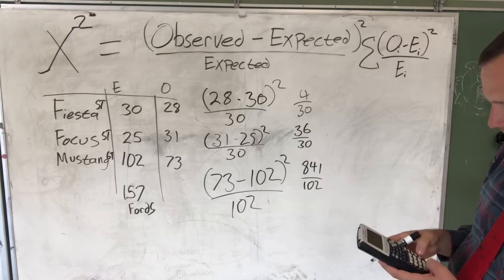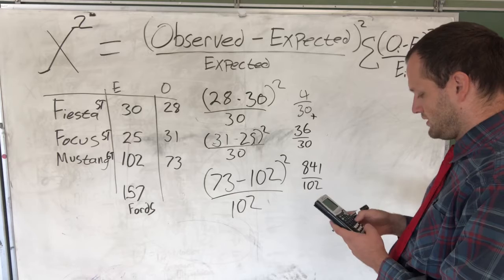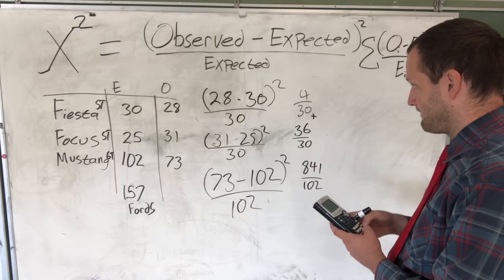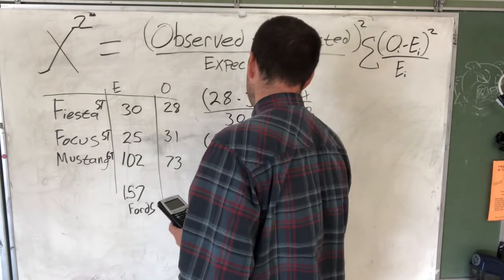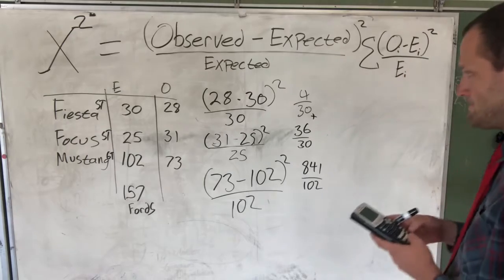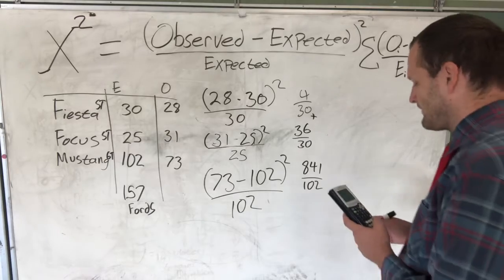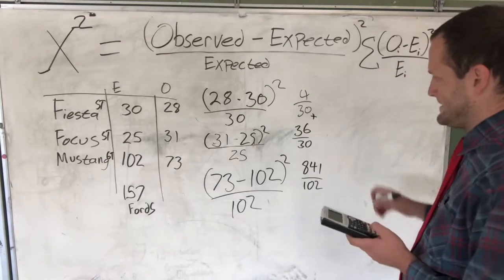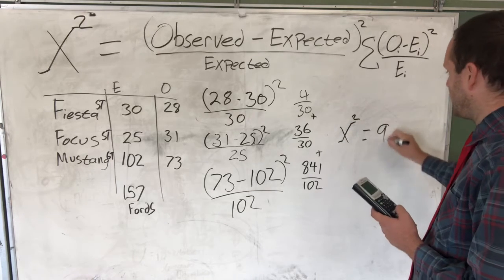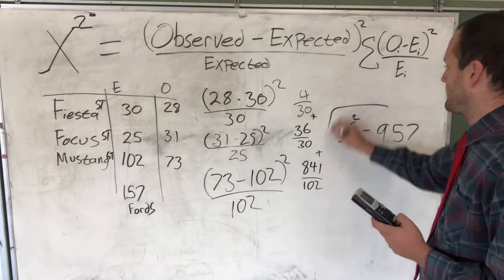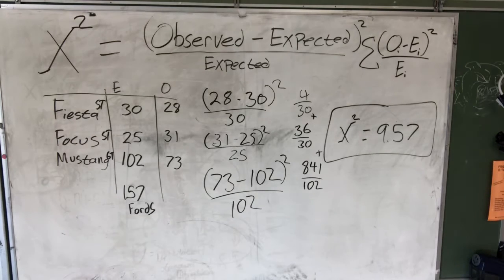So 4 divided by 30 plus 36 divided by 30 plus 841 divided by 102, and we get a chi-square score of 9.57. That is the chi-square statistic for this set of data.